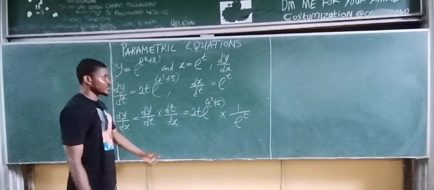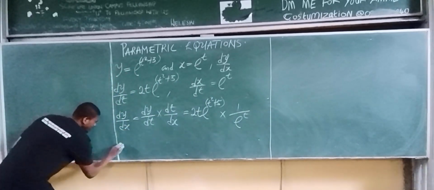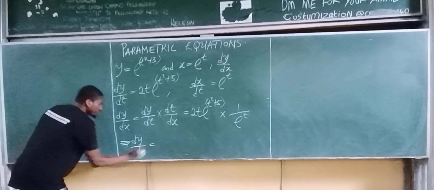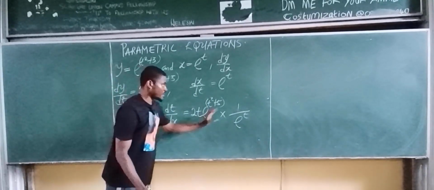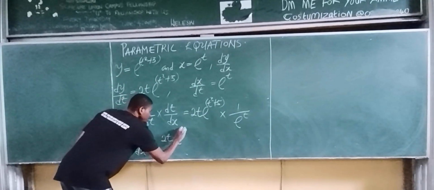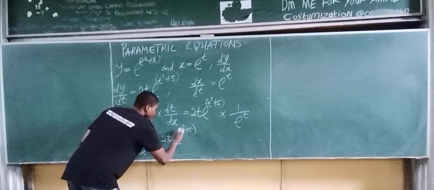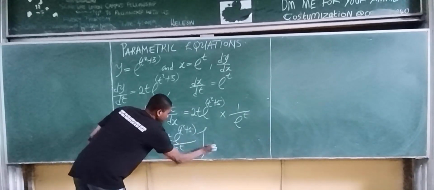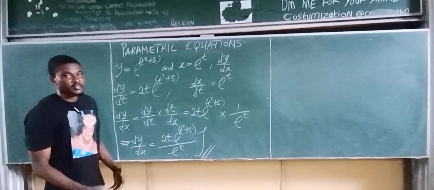That gives us dt/dx, and this simply implies that dy all over dx is simply equal to 2t exponential t squared plus 5 all over exponential t. That becomes the final answer to that derivative.